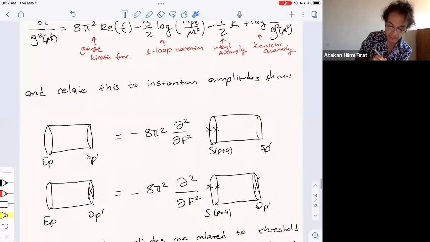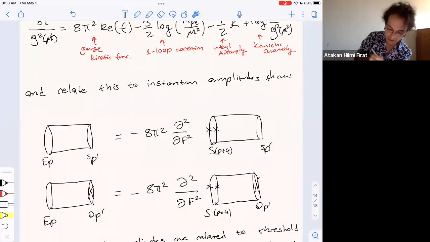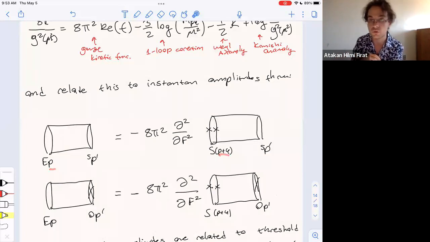More explicitly, say I have an E3, a D3 brane wrapping some cycle in the Calabi-Yau, so it's wrapping some divisor. It has a Dirichlet boundary condition in the non-compact directions. What we do is first replace the Dirichlet boundary condition with the Neumann boundary condition, so instead of a Dp brane it becomes a D(p+4), like D3 to D7.